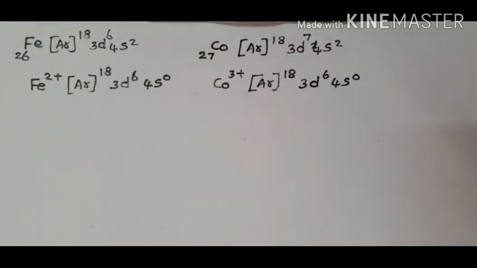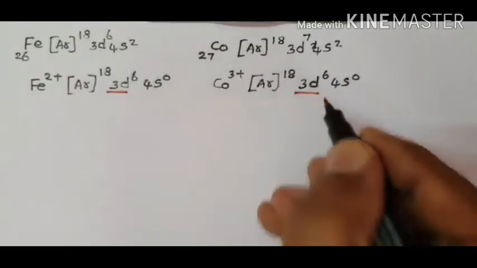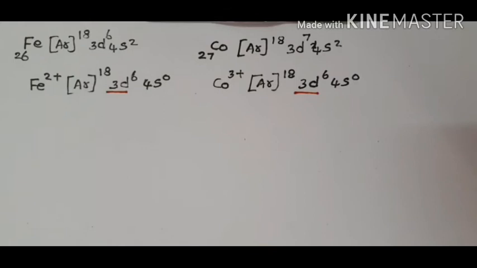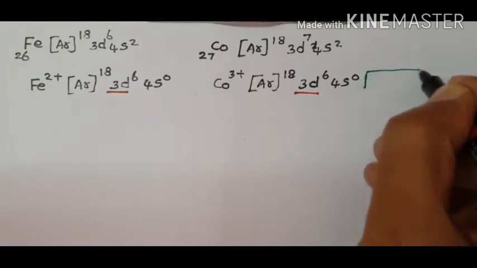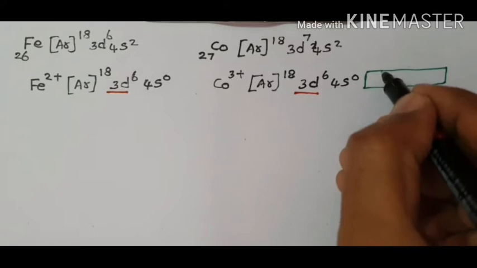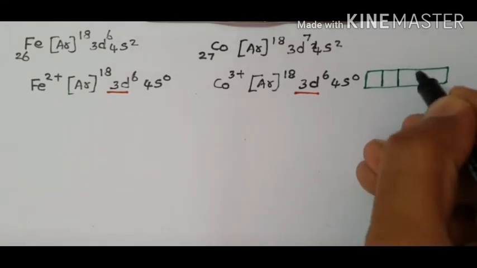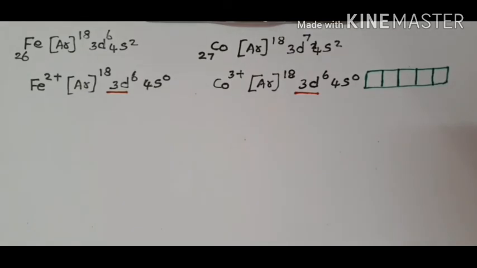Now write the formula to calculate. The d orbital contains how many electrons? 6 electrons. Now fill the 6 electrons according to Hund's rule in the 5 orientations of the d orbital: dxy, dyz, dzx, dx squared minus y squared, dz squared.